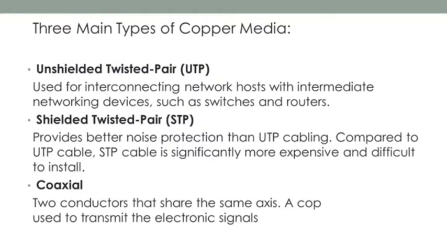There are three types of copper media: unshielded twisted pair, shielded twisted pair, and coaxial. Twisted pair is used for interconnecting network hosts with intermediate network devices. Shielded twisted pair provides better noise protection than UTP cable, but compared to UTP cable, STP cable is significantly more expensive and difficult to install. Coaxial has two conductors that share the same axis, with copper used to transmit the electronic signals.